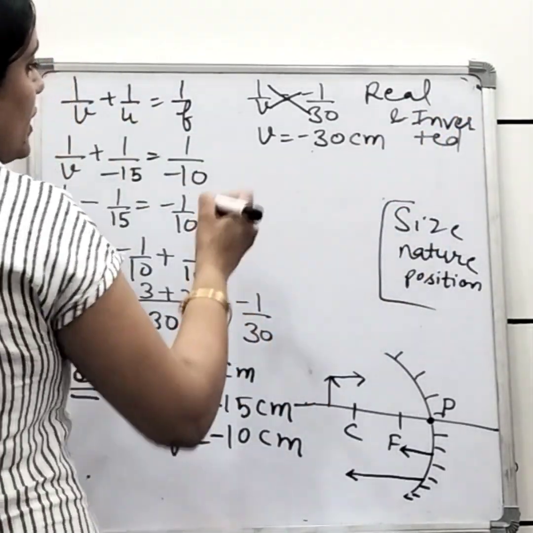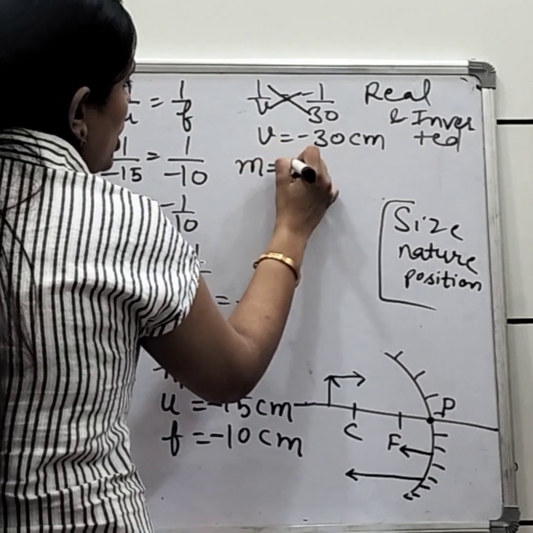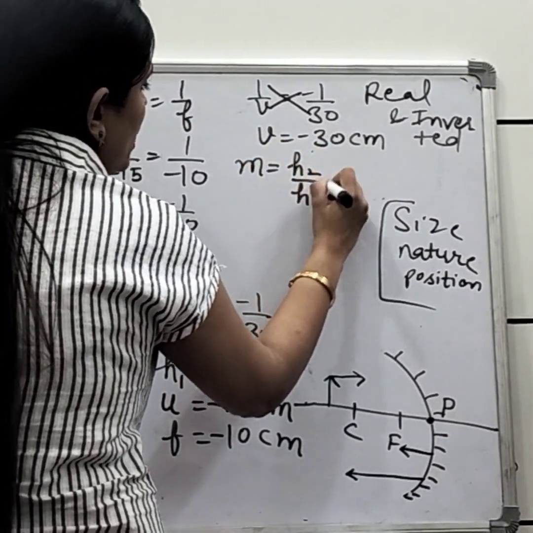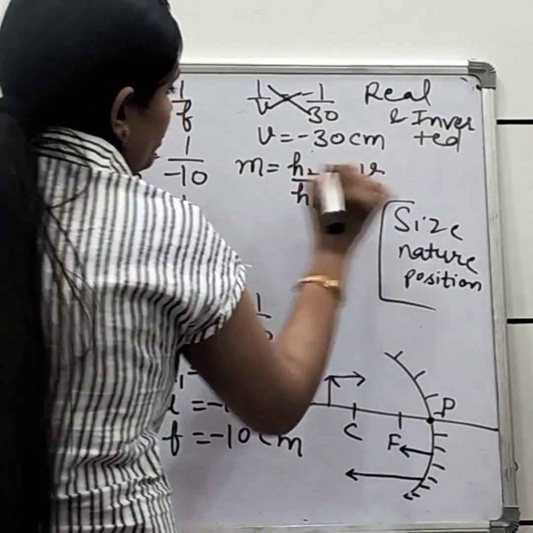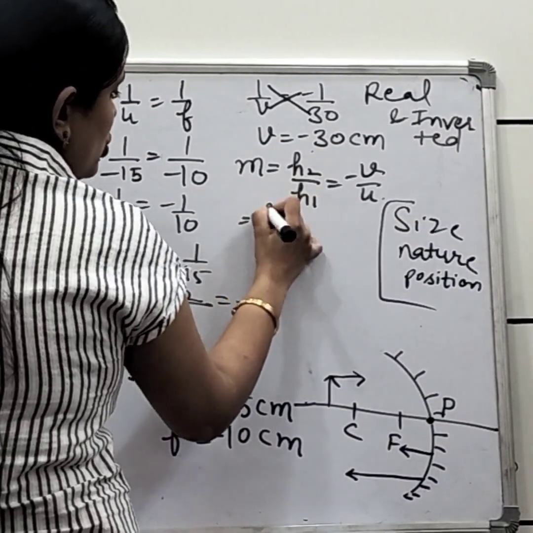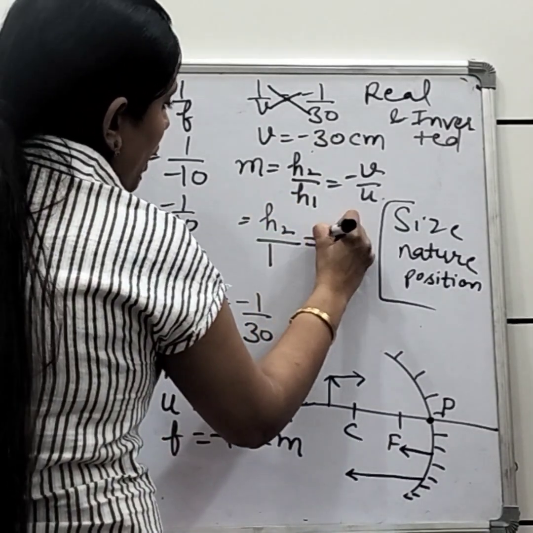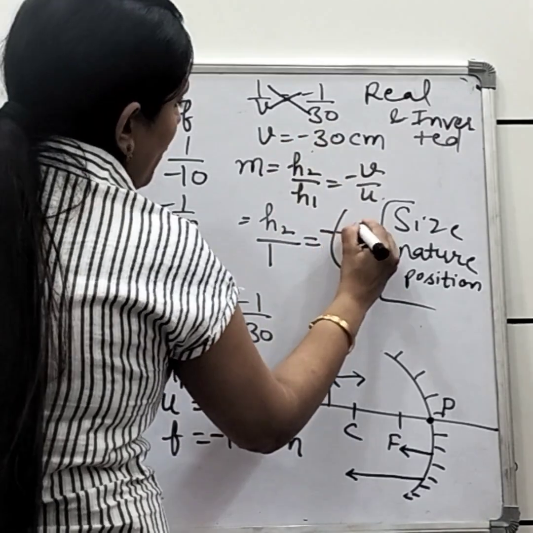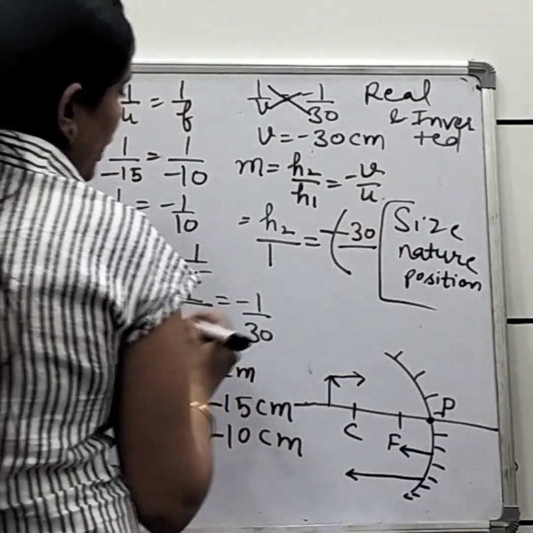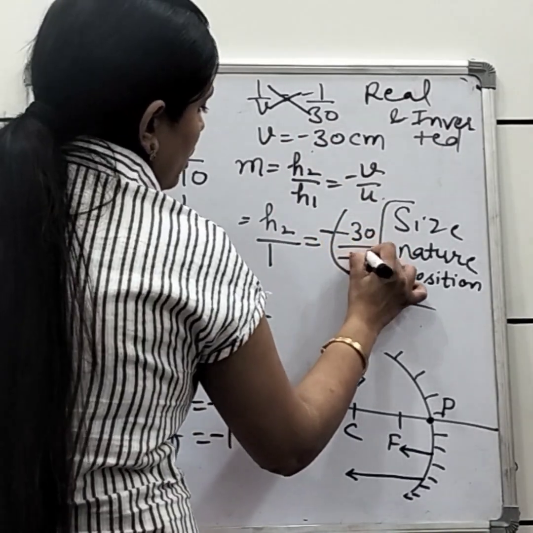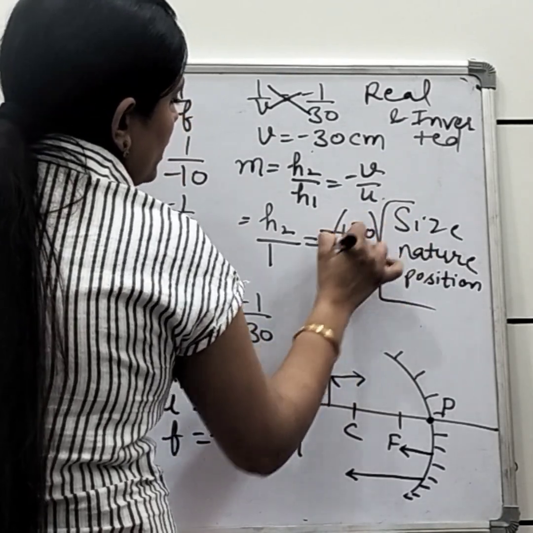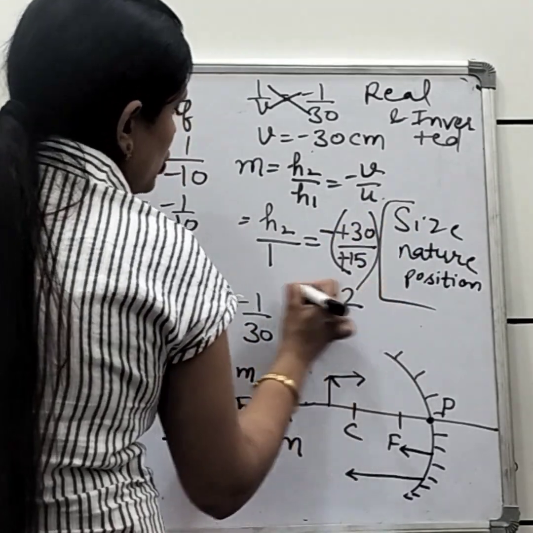Now, how will we calculate the size? Magnification is equal to h2 by h1 is equal to minus v by u. So h2 divided by h1 is equal to minus v, which is minus 30, divided by u, which is minus 15. Minus minus is plus, so it is equal to minus 2.